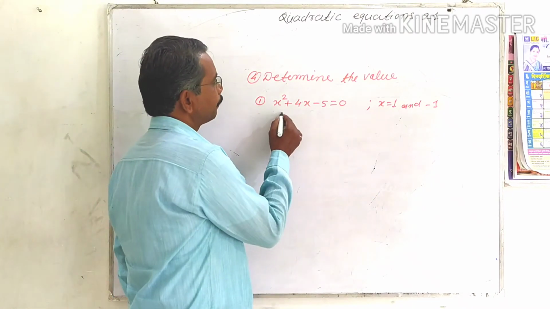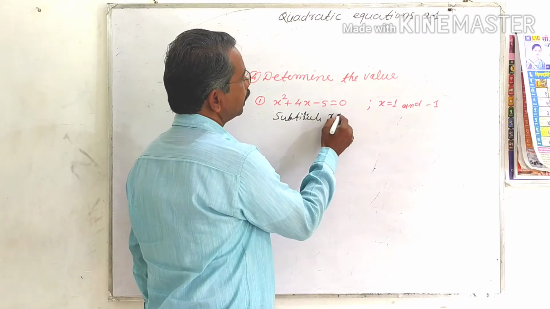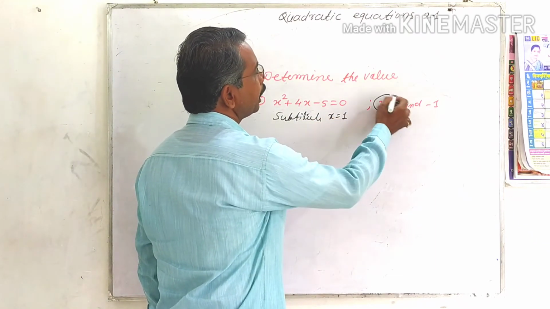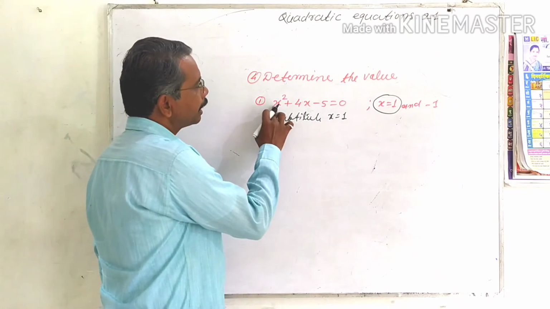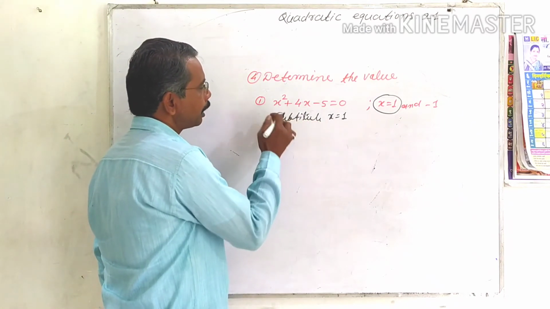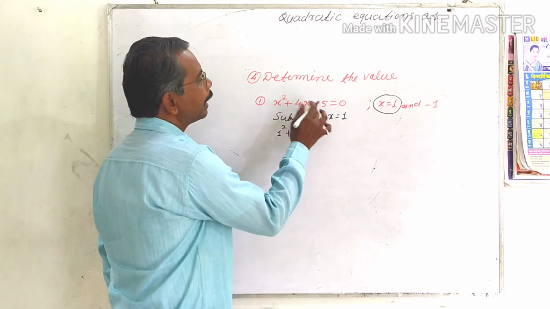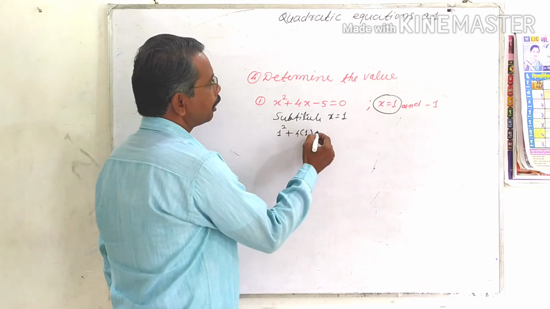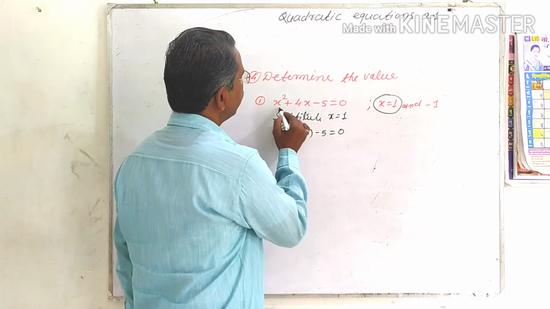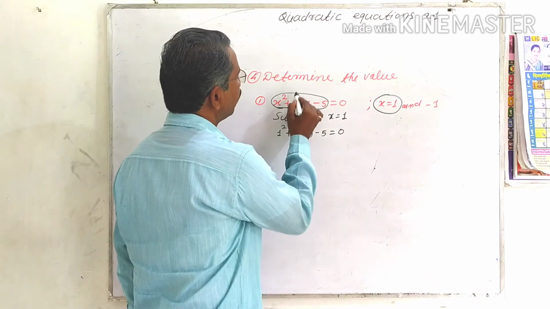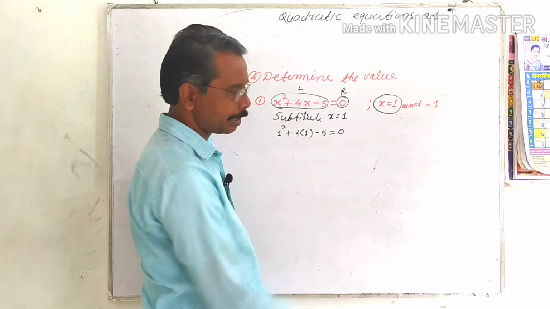So first, substitute x equal to 1, the given value. Here x means 1, so write down 1 square plus 4, x means 1, minus 5 equal to 0. It is our left hand side, and it is our right hand side.